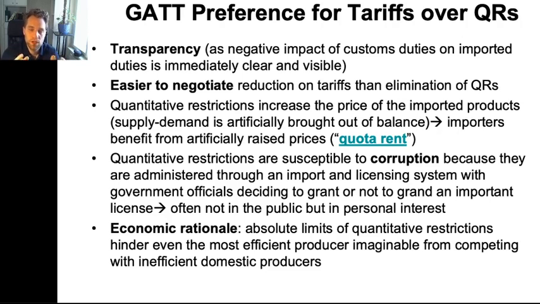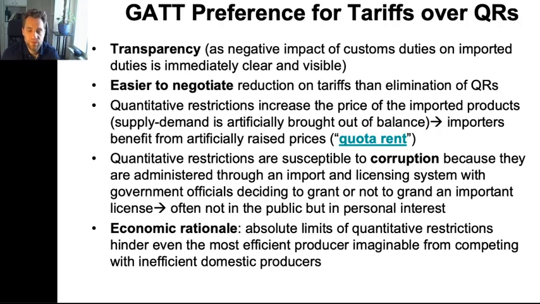So consumer demand is not satisfied here. And this artificially higher price is called the quota rent, and this is what the importers benefit from. However, you want to prevent importers from benefiting from such a quota rent, another reason why the GATT prefers tariffs over quantitative restrictions.